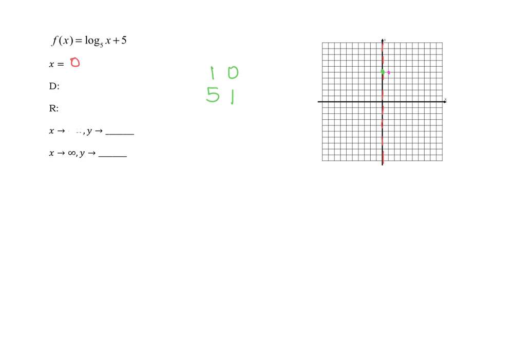So 1, 0, and then base 1, 2, 3, 4, 5, 1, coming up the asymptote and turning. My domain is asymptote to infinity. My range is negative infinity to infinity. As I go to the left, I'm going to the asymptote at 0, and it's going to negative infinity. And as I go to the right, it's going up, so positive infinity.